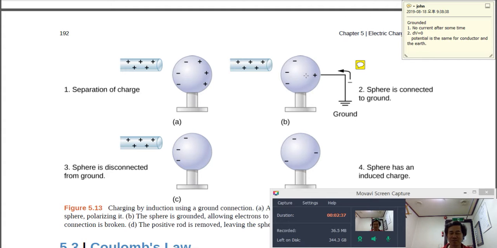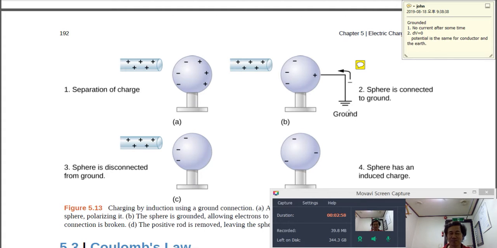Now we connect this conducting sphere to the Earth. Remember, the Earth is the electron reservoir, and we see here we have extra positive charge.